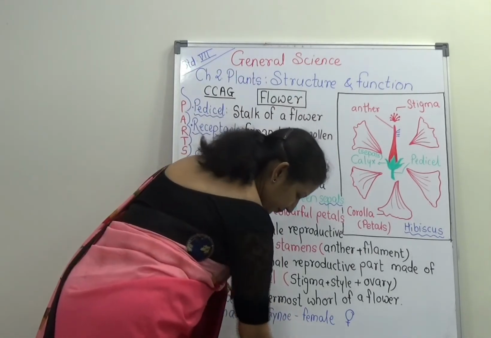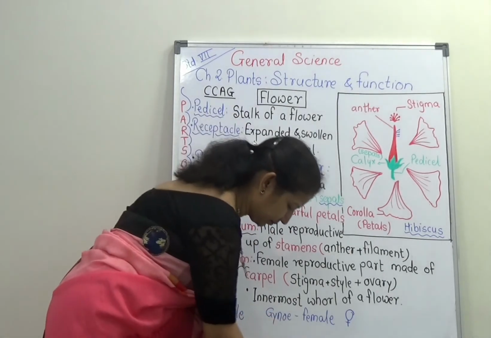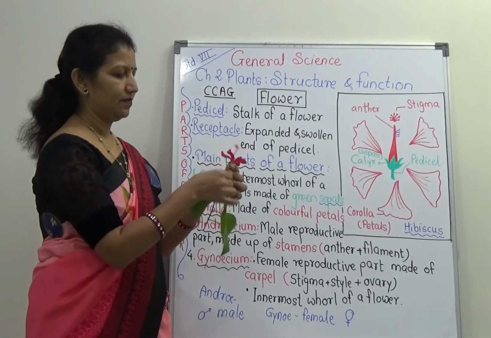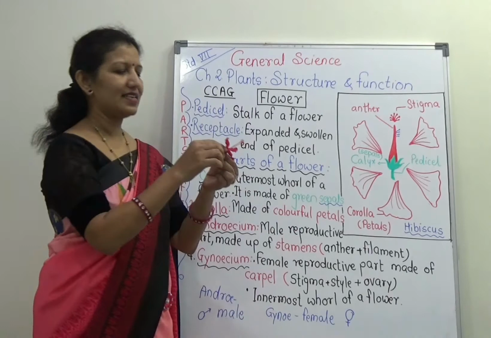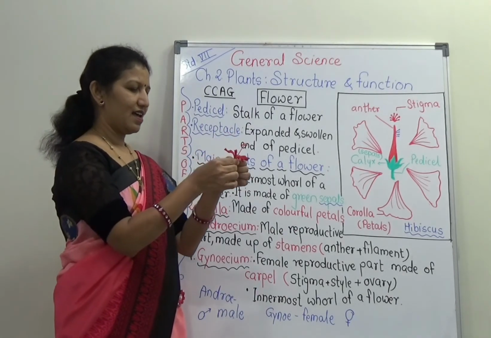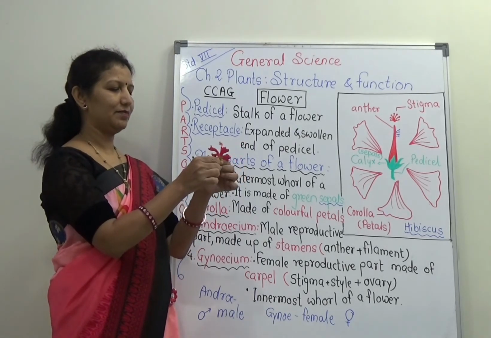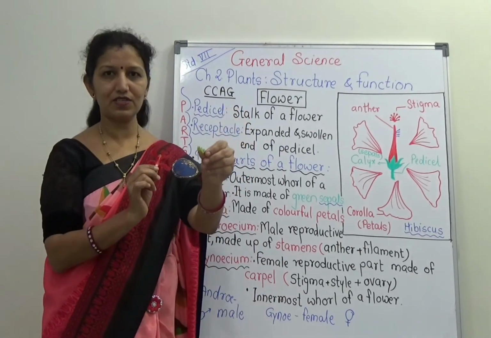Now again, this big flower will be dissected. As there is no season of these flowers, I couldn't get the big one. Okay, let it be. So I have dissected sepals first of all.